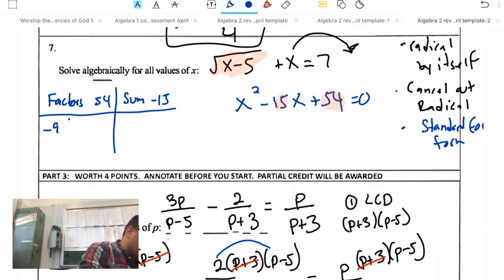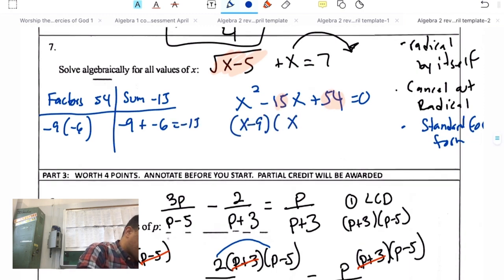So that's going to be negative 9 times negative 6. Negative 9 plus negative 6 is negative 15. So that becomes x minus 9, x minus 6 equals 0. So x equals 9, x equals 6.